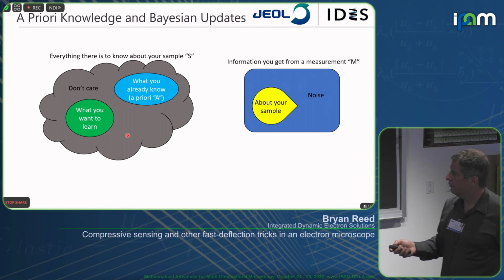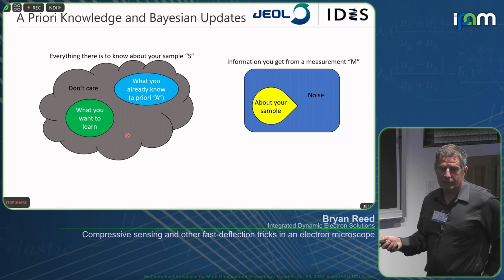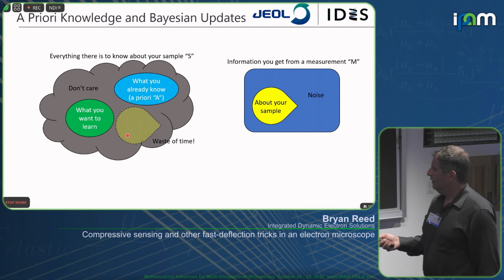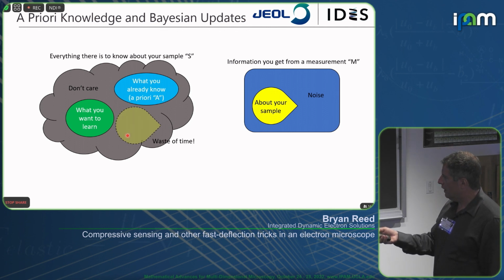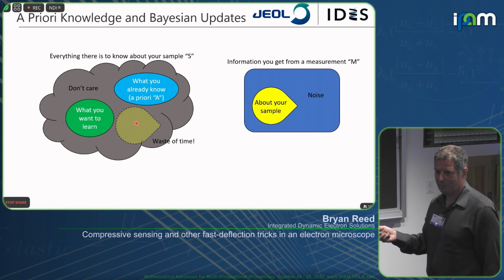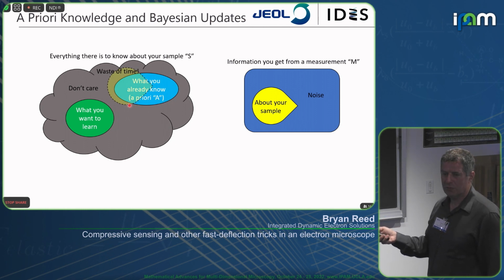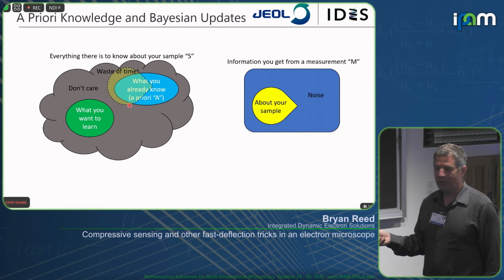Some fraction of the information that comes in about the thing is actually about your sample and not just about how you rolled the dice in a sampling of a Poisson distribution. And if you put that yellow teardrop here, you're wasting your time. Like, ooh, you learned a whole bunch of stuff that you don't care about, right? If you put that teardrop here, it's like, well, you got a superposition of stuff you don't care about and stuff you already knew.